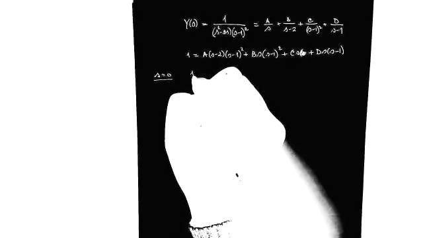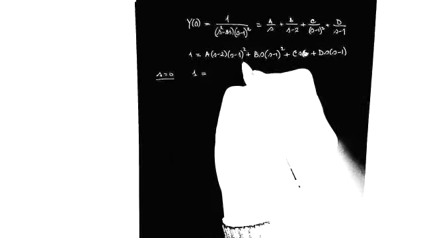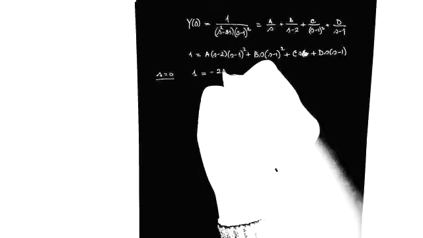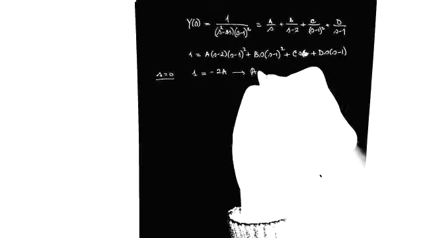If we plug in s equals 0, we get 1 equals, and here it's minus 2A. So right away, we get A equal negative 1/2.